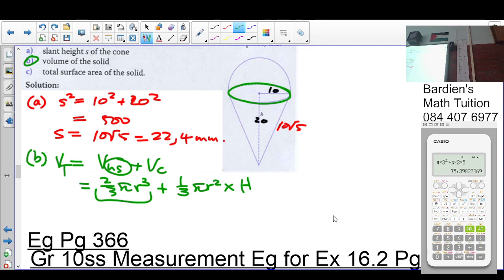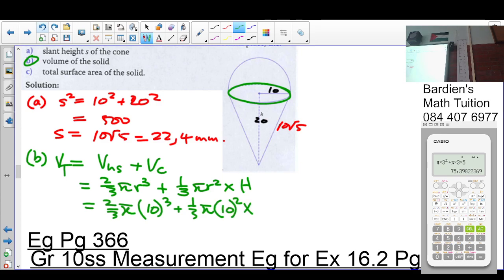Understand, Michael? Okay. So that will be 2 over 3 pi times the radius, 10, cubed, plus a third pi times the radius, 10, squared times the height, which is 20.